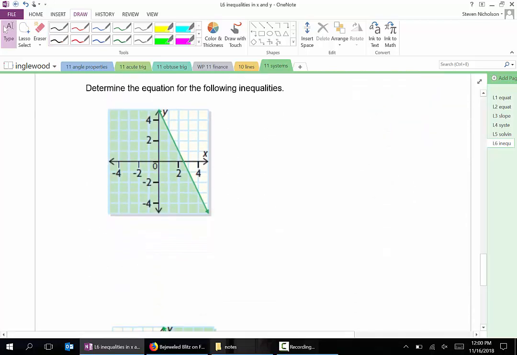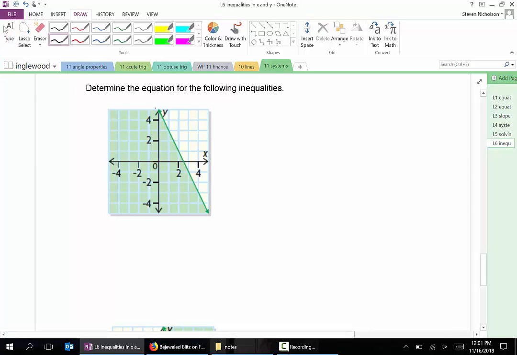So the other thing we will have to be able to do is determine the equation of an inequality. So in this one right here, the first thing we want to do is figure out the equation. Then we're going to figure out the inequality. So first of all, our equation would just be as we did in grade 10 or earlier on in this unit.